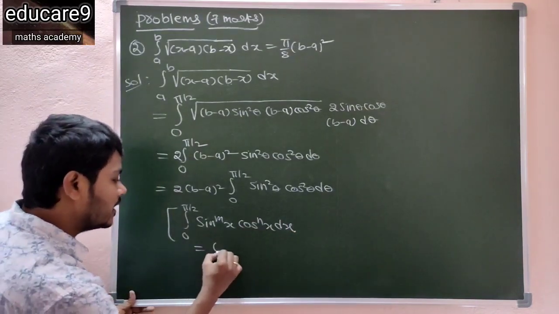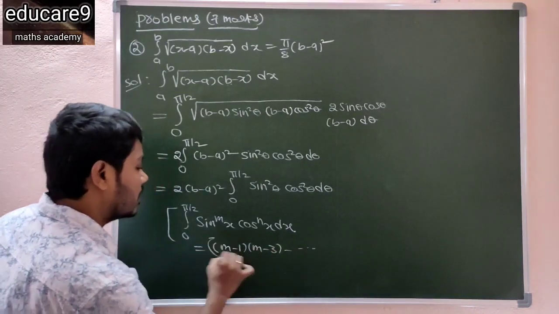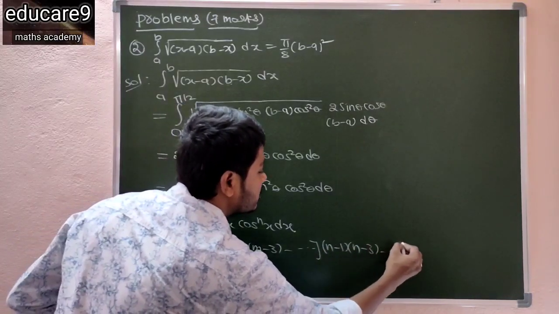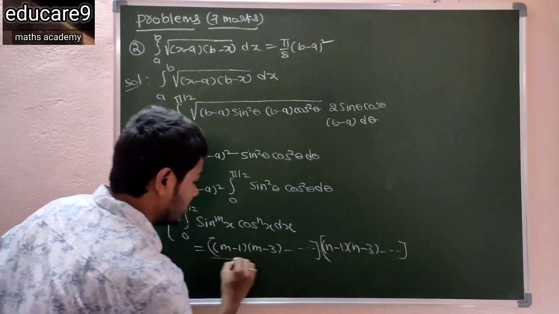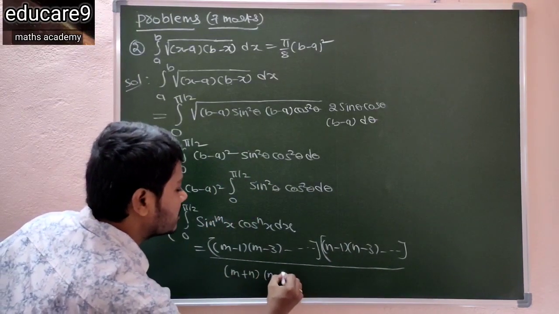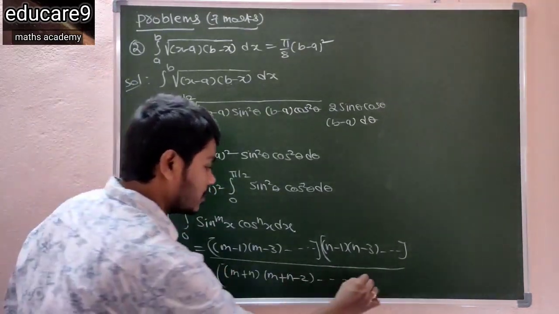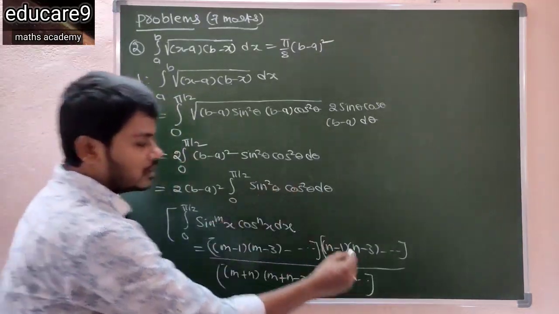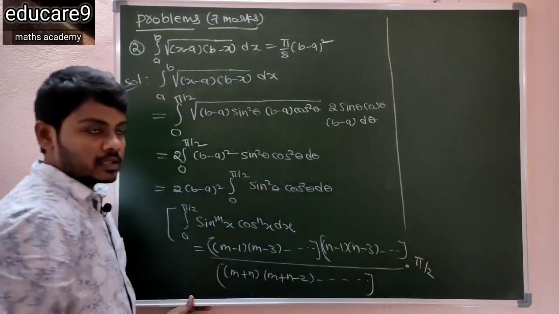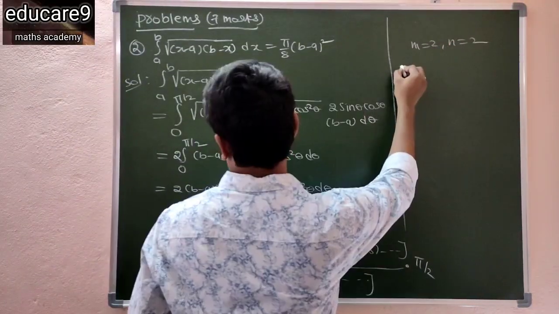That is (m minus 1)(m minus 3) and so on, into (n minus 1)(n minus 3) and so on, divided by (m plus n)(m plus n minus 2) and so on. Here both are even, so clearly you write pi by 2. Clearly m equals 2, n equals 2.